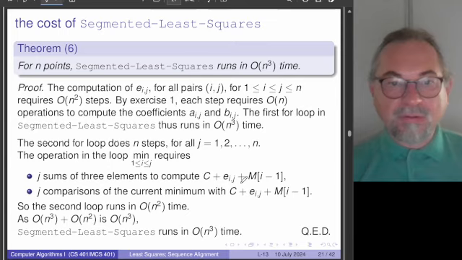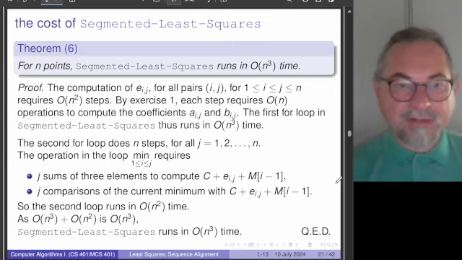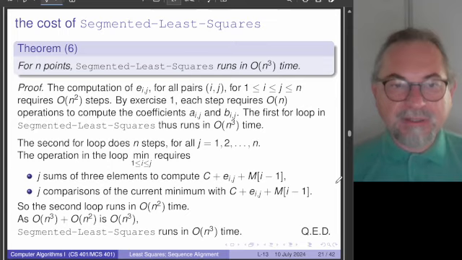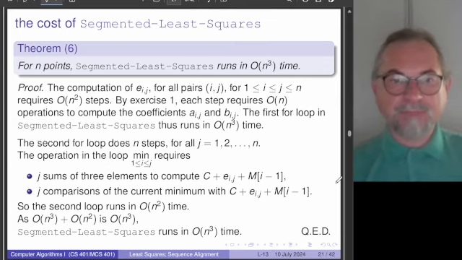Okay, so we have then that the loop, when we run segmented least squares, we have a loop that does n steps, and in every step we compute the minimum.